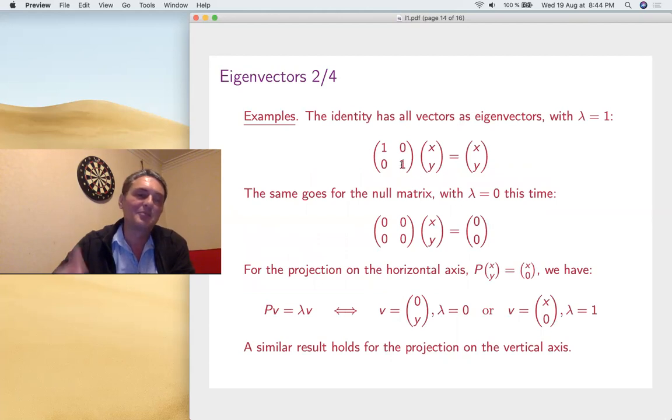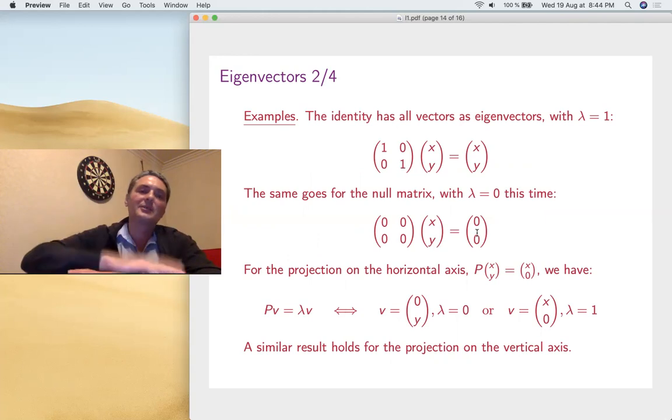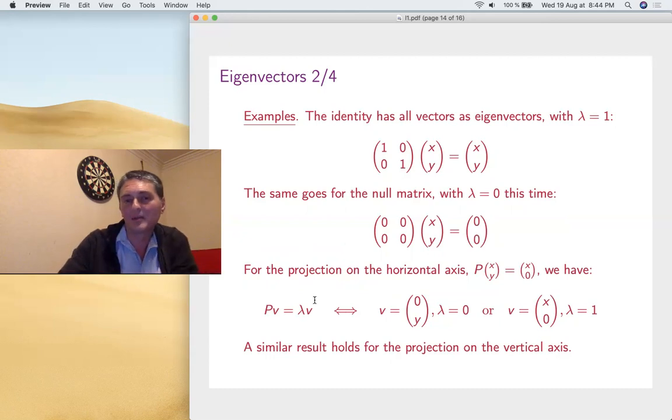The identity, well, of course, lambda is 1 everywhere, right? Multiplies by 1 everywhere if you want. Same for the null matrix, it multiplies by 0 if you want, because that's the output vector. Now for the projection on the horizontal axis, you can do it either geometrically like this or solving the equation here.